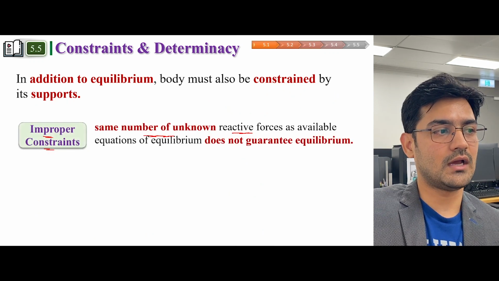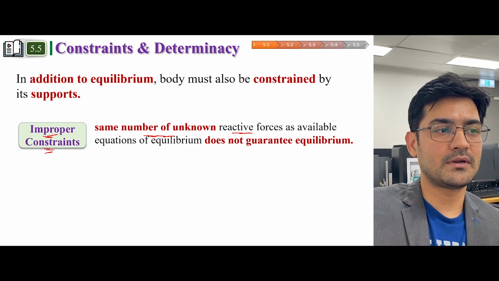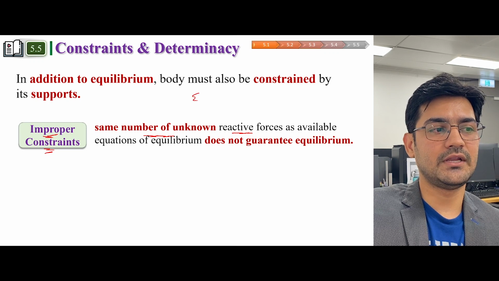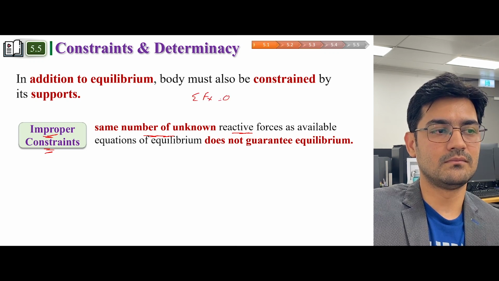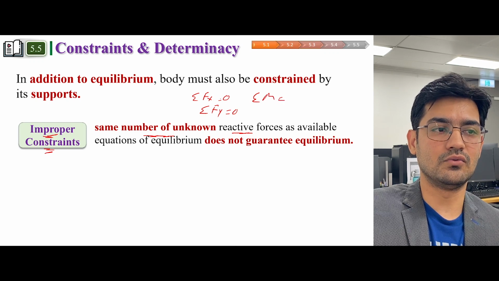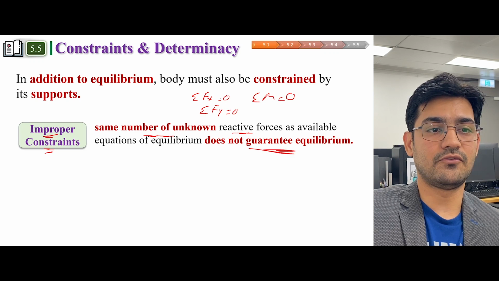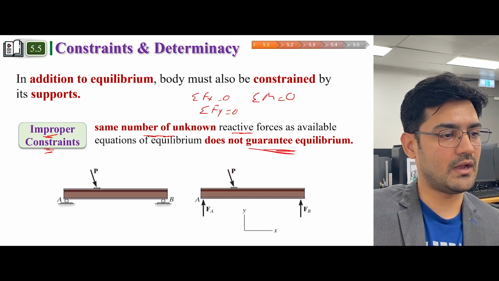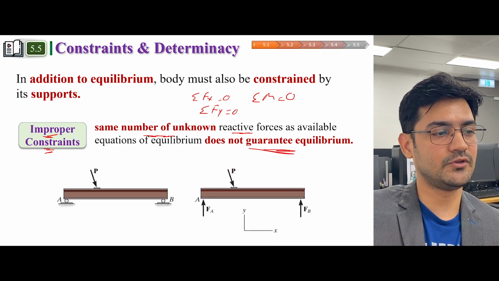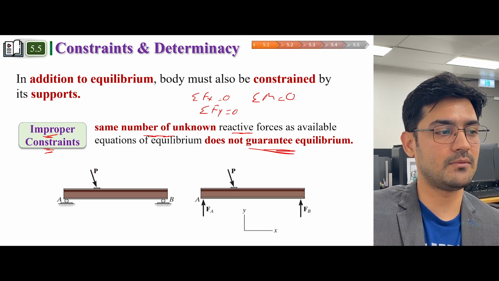Okay, so another thing is related to improper constraints. Sometimes you have 3 equations of equilibrium and you have 3 unknowns, but that does not guarantee equilibrium. For example, you have this system, you have a beam, and that beam is supported by 2 rollers.